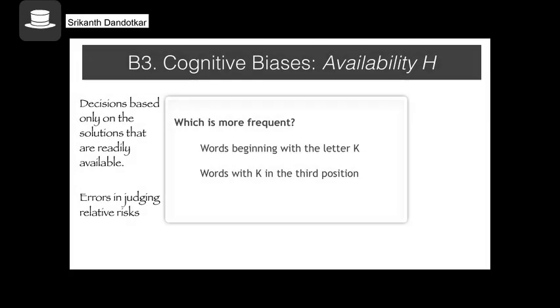Now, coming to the availability heuristic as a cognitive bias, let's answer this question first. Which is more frequent? Words beginning with the letter K or words with K in the middle?